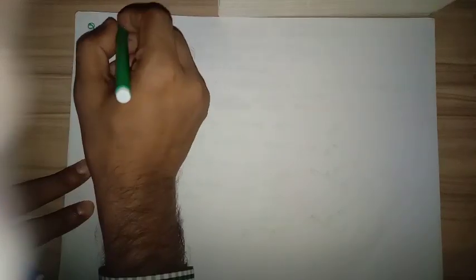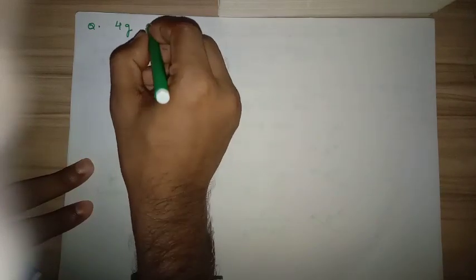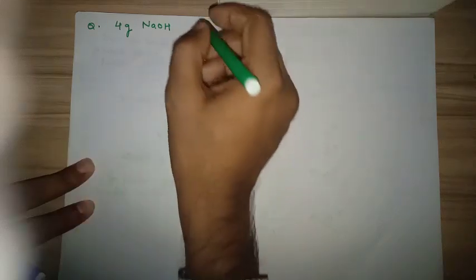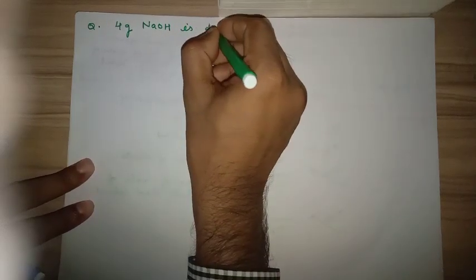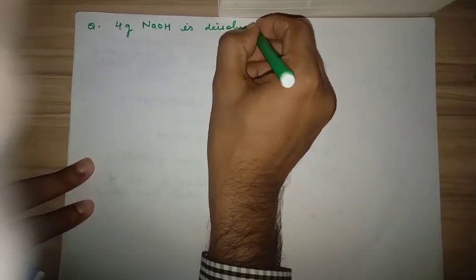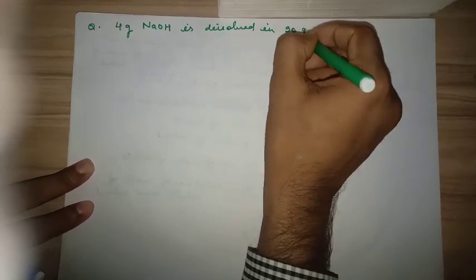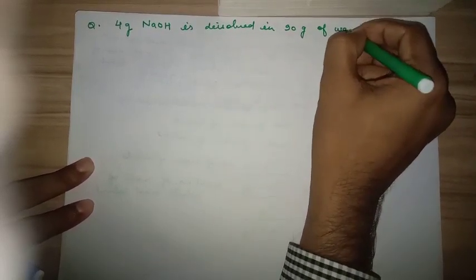Let's take an example. Suppose the question is: 4 gram NaOH is dissolved in 90 gram of water.